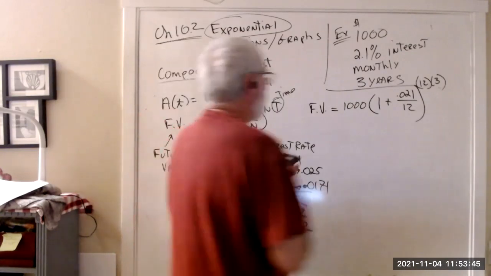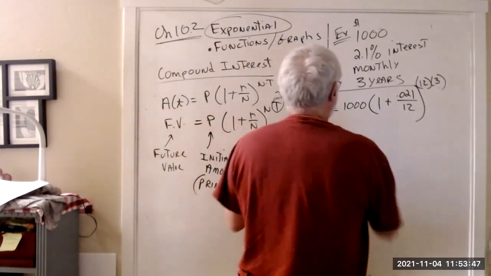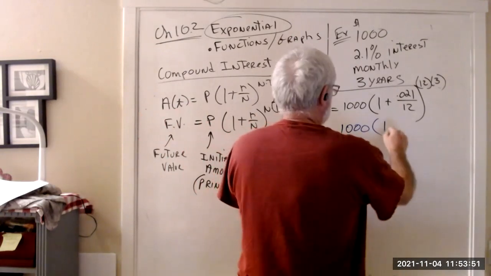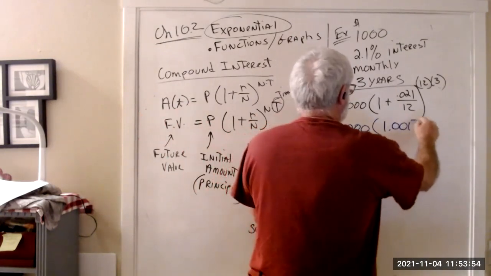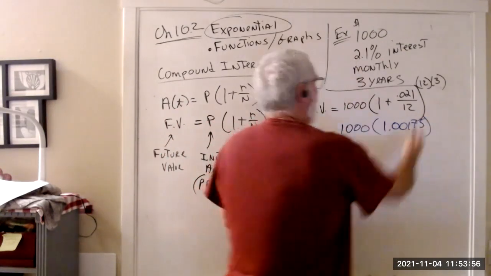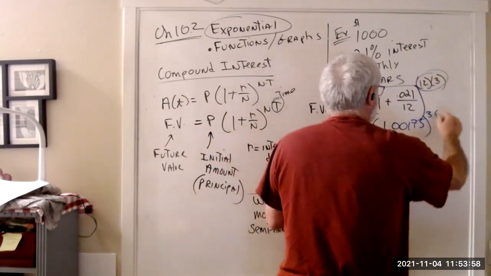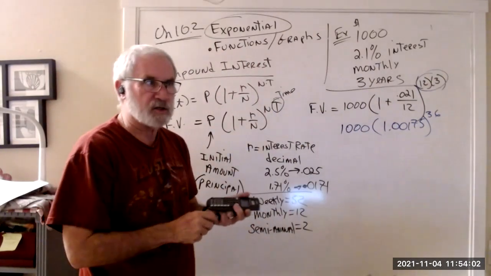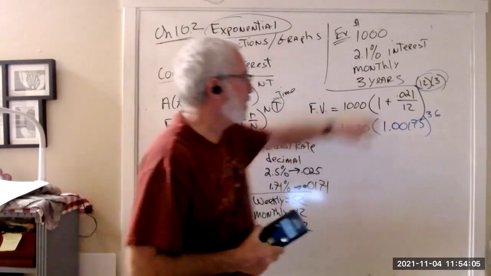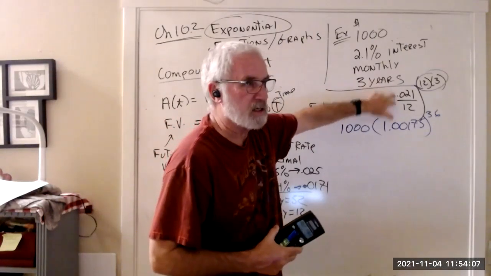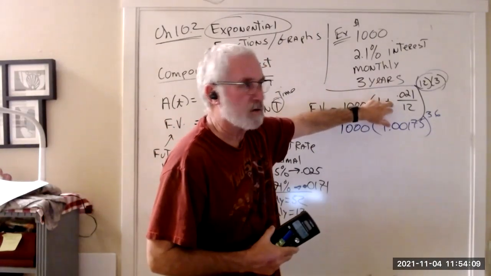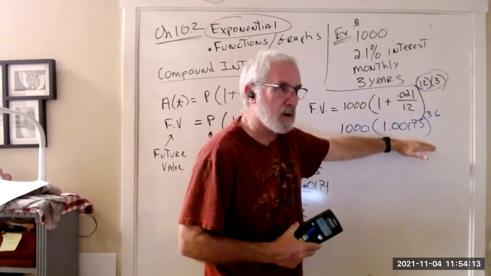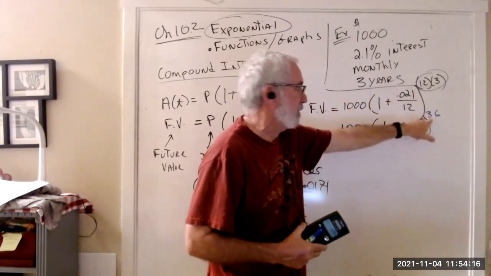Now, what I have right now is 1,000 times, my calculator says 1.00175, and this is 36. Remember, PEMDAS says start on the inside, but on the inside we have division. So I had to divide first and then add it to 1. This is my reduced problem. 12 times 3 happens to be 36.